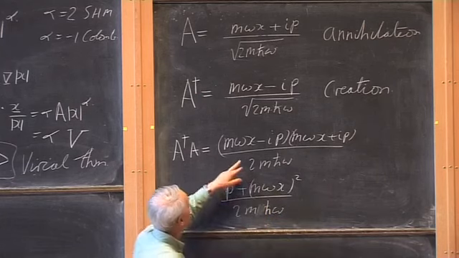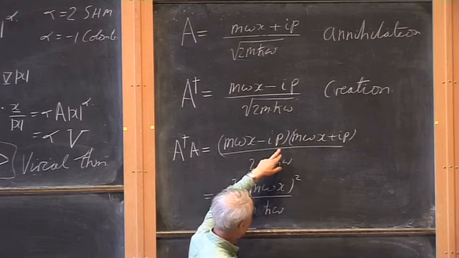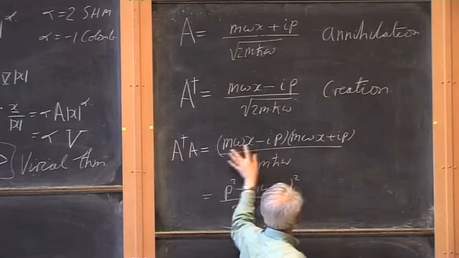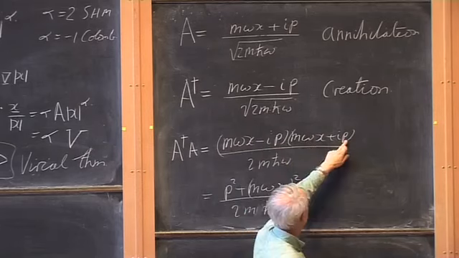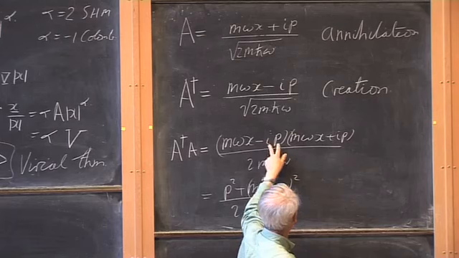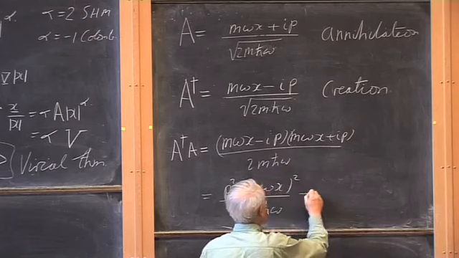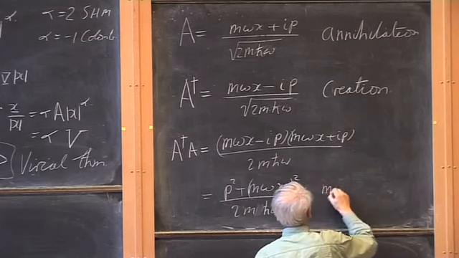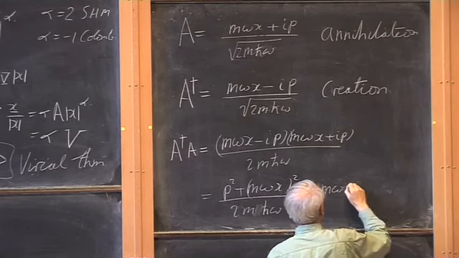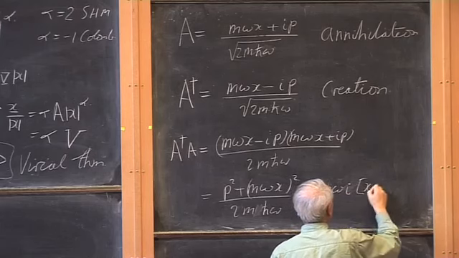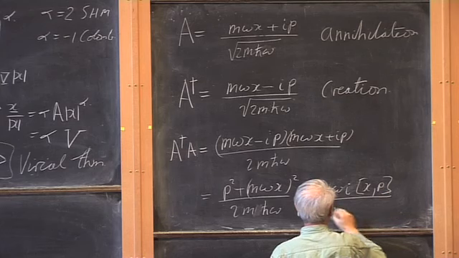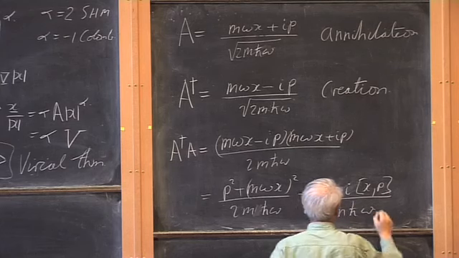And then we have some additional terms which would cancel in classical algebra but don't now, because we have an m omega x times ip, and here we have a minus ip times an m omega x. So the additional term is i m omega times the commutator x comma p, and it's again over 2m h bar omega.